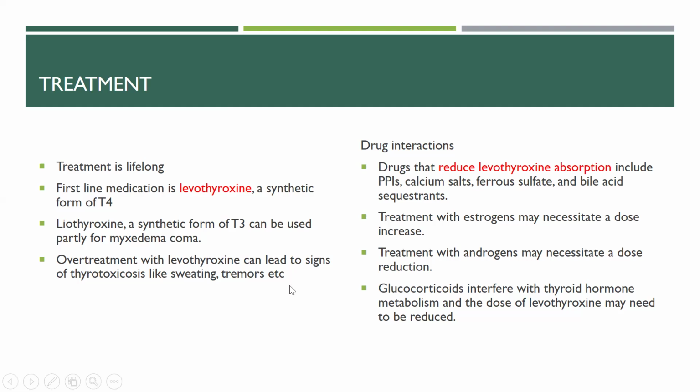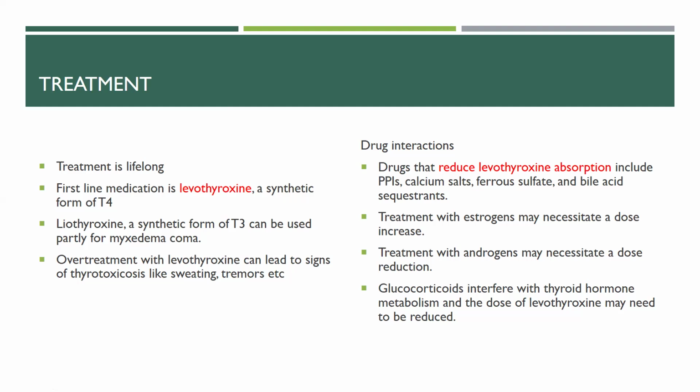So there are also drug interactions. This one, I think you've done it last year in third year. So there are drugs that reduce the absorption of this drug, levothyroxine. And they're usually PPIs like omeprazole, calcium salts, ferrous sulfate. There's the bile acid sequestrants.